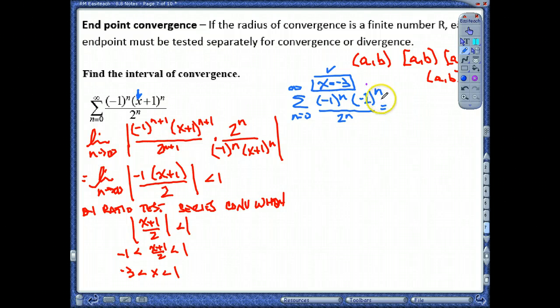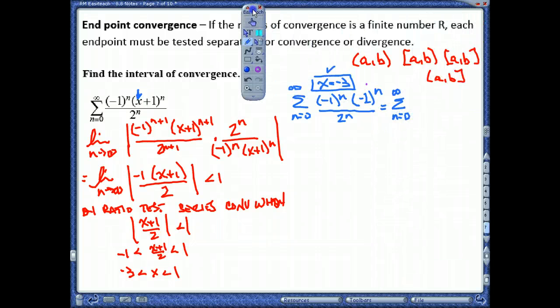Due to my space, I'm not going to write my little, no, I'm going to because I'm going to make you do it. Toughen up. I'll move you over here. So I've got this negative 1 to the nth power. I can rewrite negative 2 to the nth power as negative 1 to the nth power times 2 to the nth power.